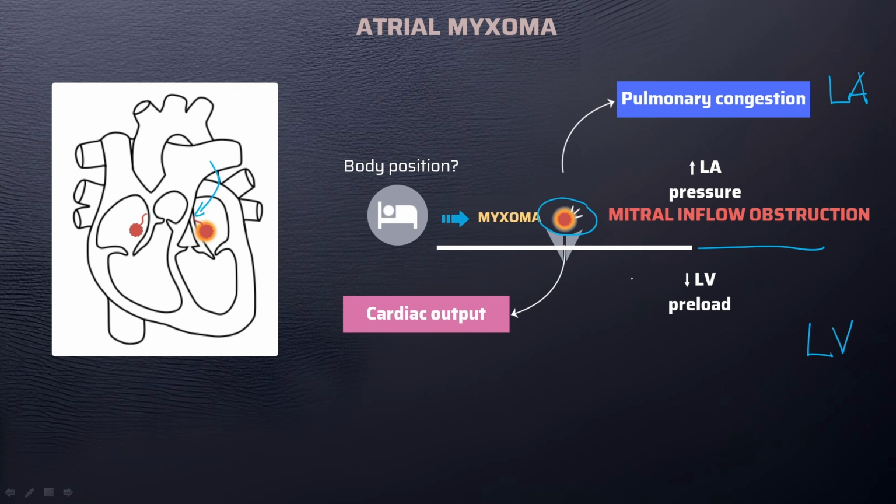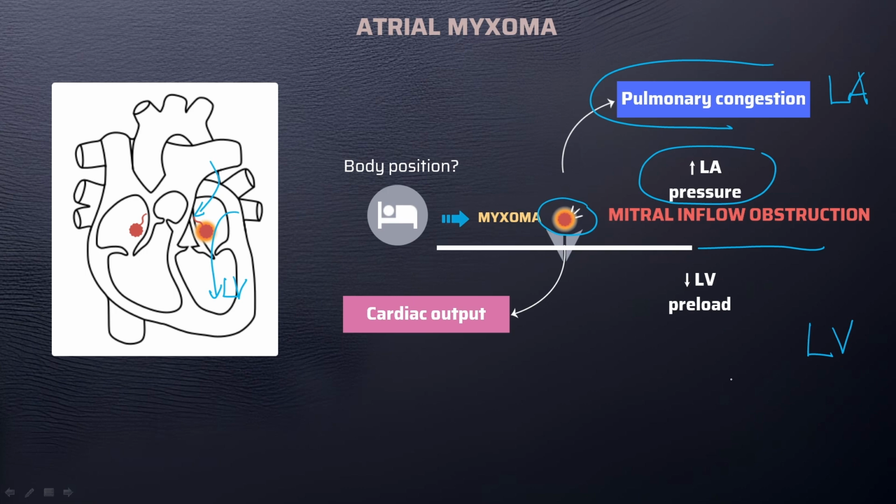Because of this obstruction, blood cannot flow freely from the left atrium into the left ventricle. Okay? The result, of course, is an increased left atrial pressure, which backs up into the pulmonary veins, leading to pulmonary venous congestion and potential pulmonary edema or even pulmonary hypertension.